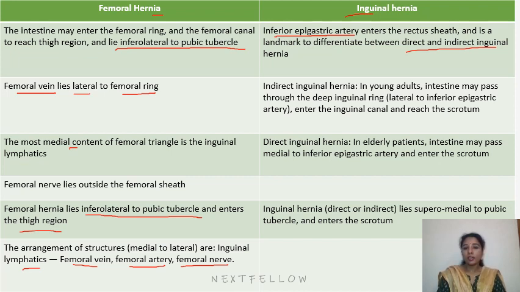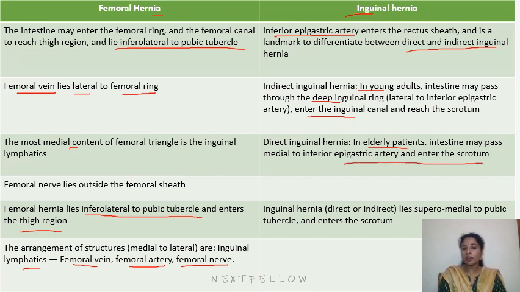Indirect inguinal hernia occurs in young adults, and the intestine may pass through the deep inguinal ring lateral to the inferior epigastric artery and come out through the superficial inguinal ring to reach the scrotum. Whereas the direct inguinal hernia occurs in elderly patients because of a weaker lower part of the anterior abdominal wall. So intestines may pass medial to the inferior epigastric artery and enter the scrotum.